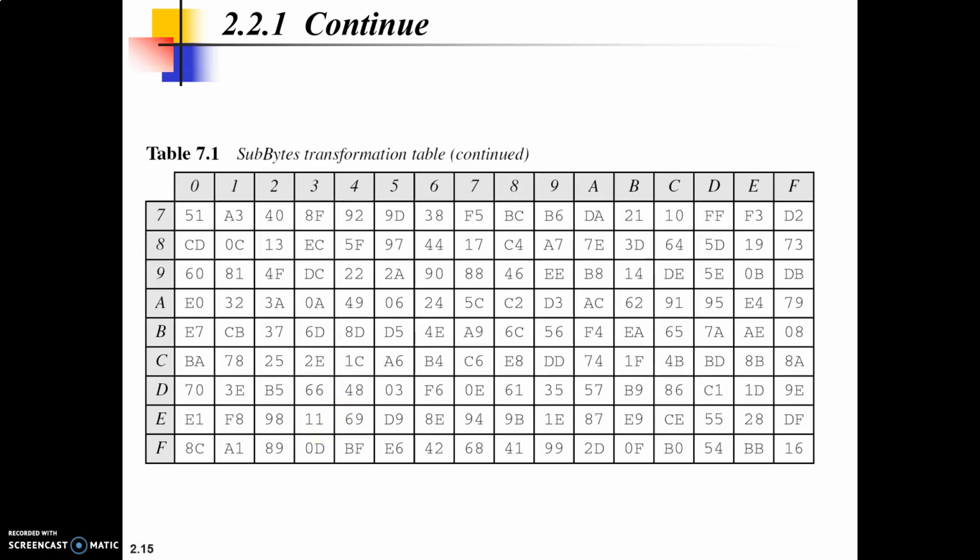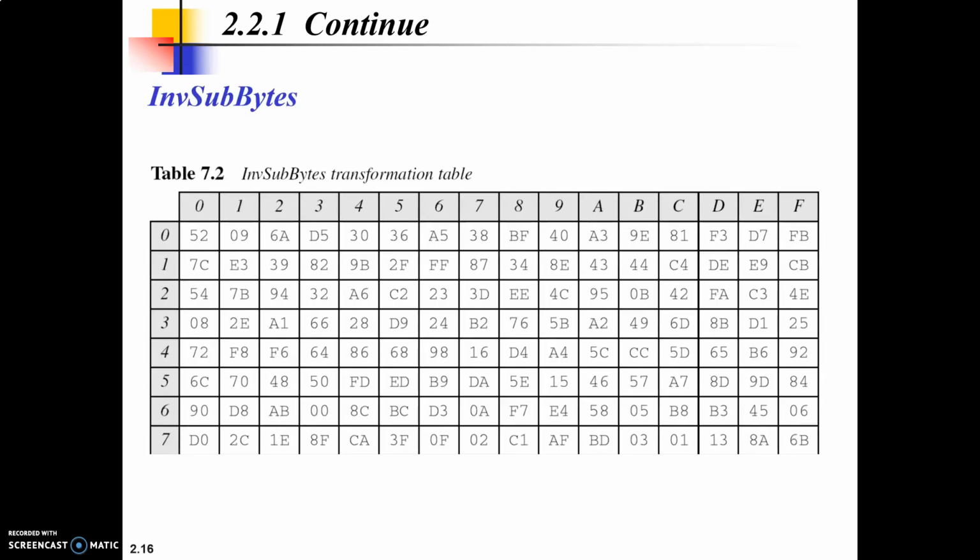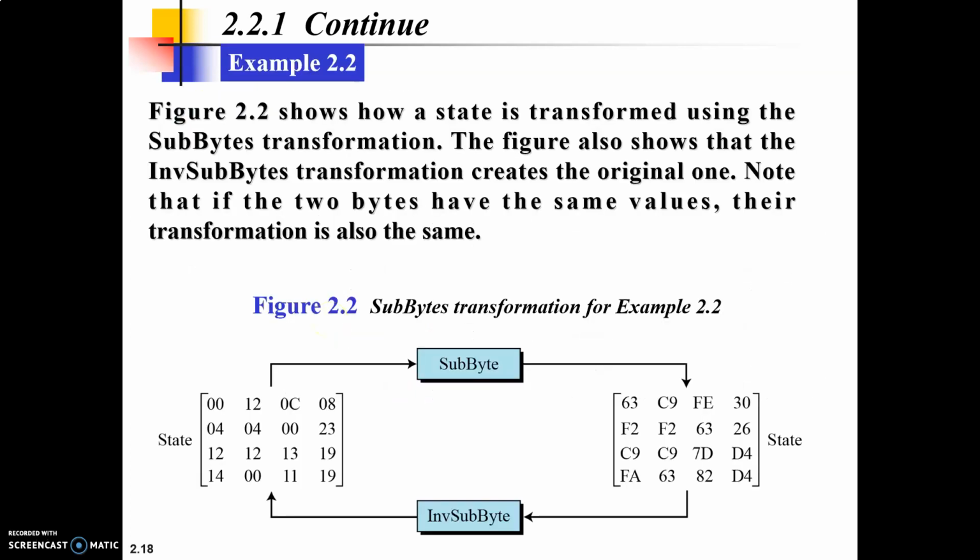This is the same table which is continued. This table is going to be used when we perform the AES decryption process. It is called the inverse SubBytes transformation table. As an example, now this is the value that is given to you in the input state: 00, 04, 12, 14, up to 19. Once you are asked to find the substitution of each of these values, you can refer to the previous table which was just shown to you.